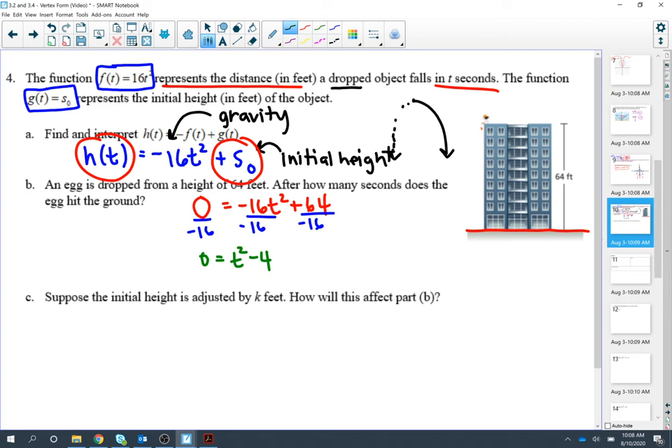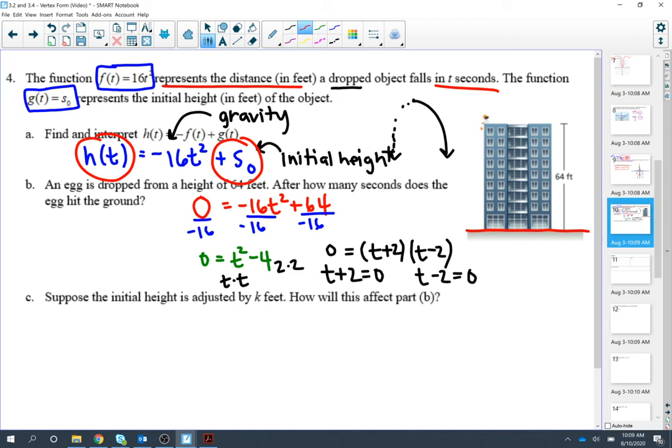Then I'm going to keep factoring and I'm going to look at t squared and go, oh, that's t times t. And there's 4, and that's 2 times 2. That's difference of squares. So if you remember, that's going to factor into t plus 2 and t minus 2 equals 0. Now that we have this factored, we can use our zero product property, and we can say t plus 2 equals 0, and t minus 2 equals 0.